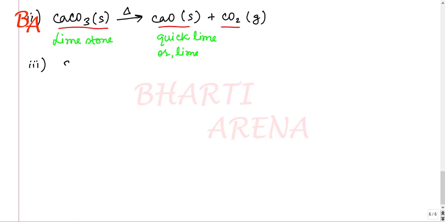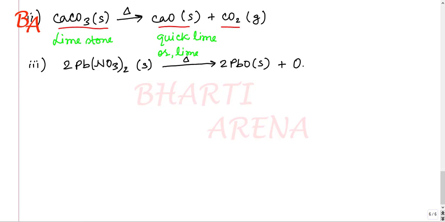Next example is lead nitrate. It is in the solid form. Again, when it is heated, it will produce lead oxide in solid form plus oxygen gas and nitrogen dioxide in the gaseous form as well.